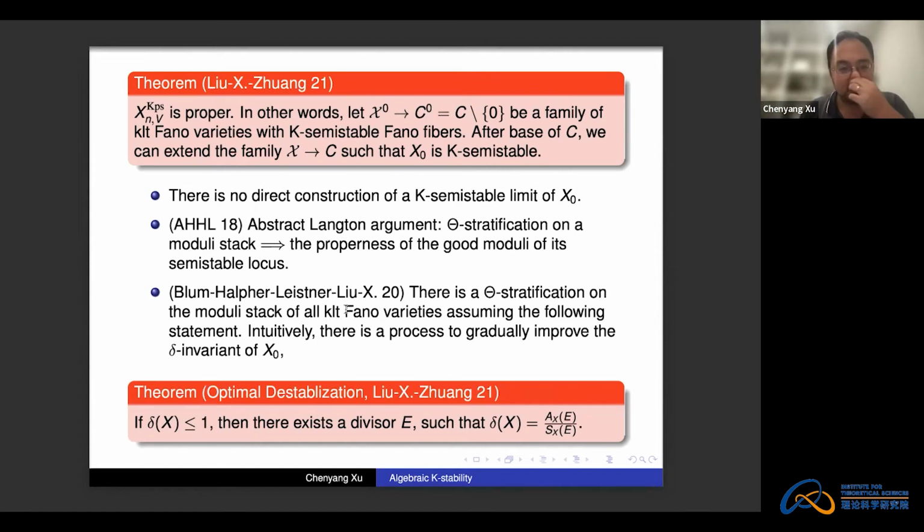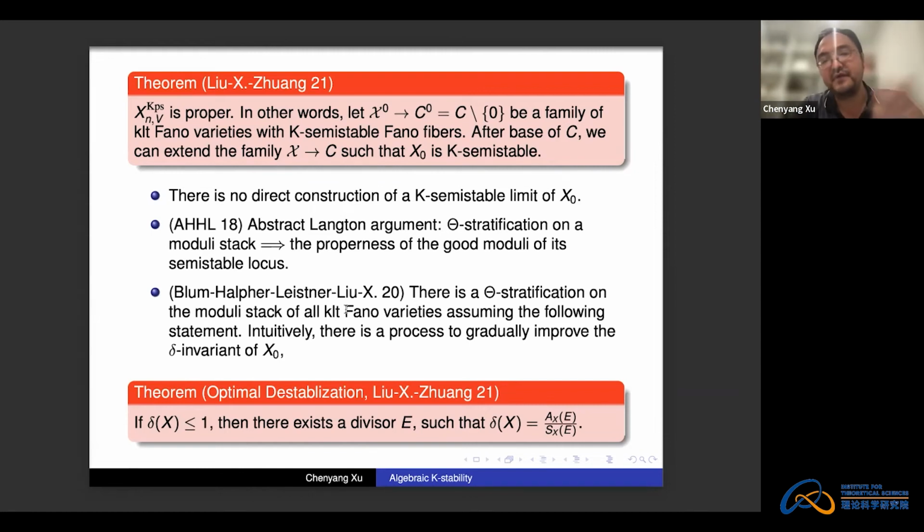The indirect way is the so-called Langton method. The Langton method is basically used to prove the properness of the stack, the moduli space of vector bundles, without using GIT. What Langton did is he took a family of semistable vector bundles. He constructed a limit which is a vector bundle.